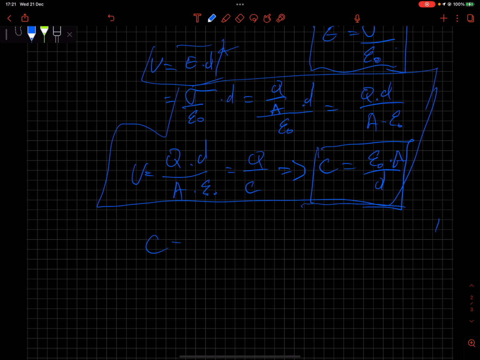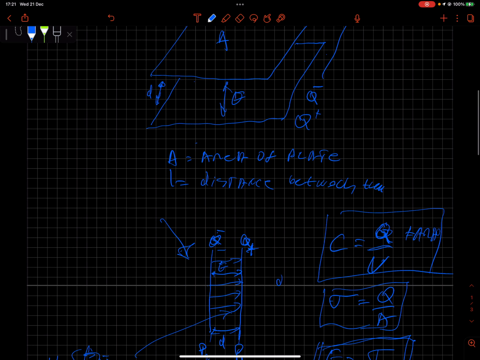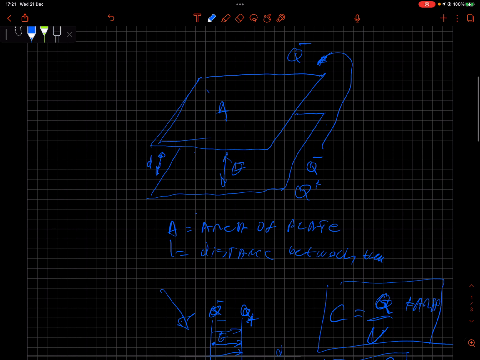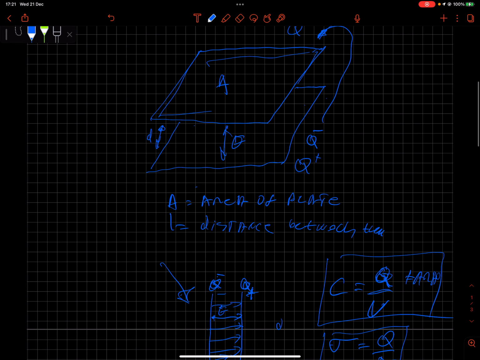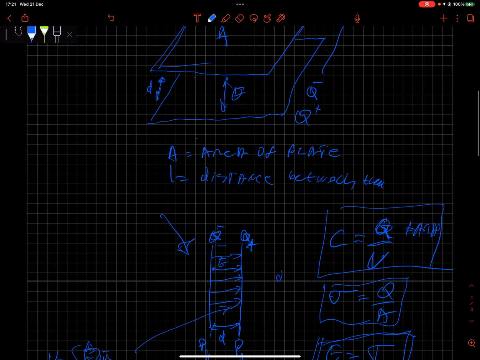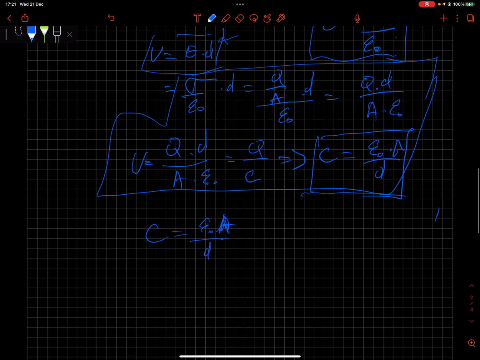So this is the formula for the capacitance of a capacitor. It's pretty much straightforward and quite logical. Basically it says if you have bigger plates, a bigger area of the plates, your system will have a better ability to hold more charge on it. It's quite logical.